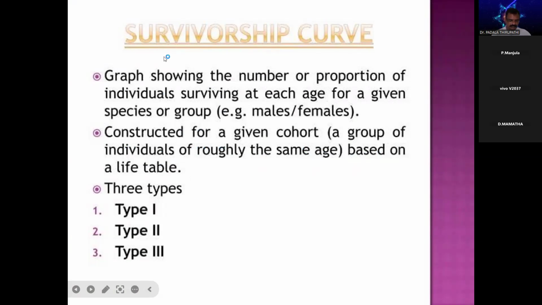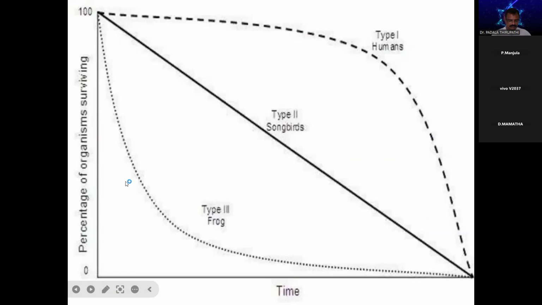Here we can observe three types of survivorship curves, that is type 1, type 2 and type 3. First, this one is type 1, mainly observed in humans. The type 2 curve we can observe in songbirds, and this one is the type 3 curve, which is generally observed in frogs.